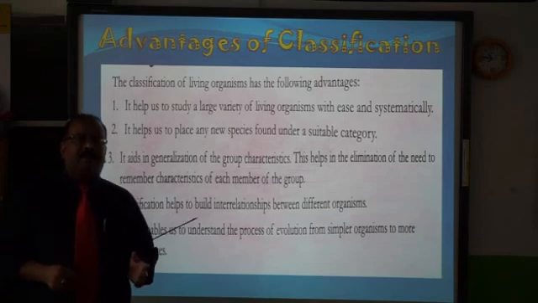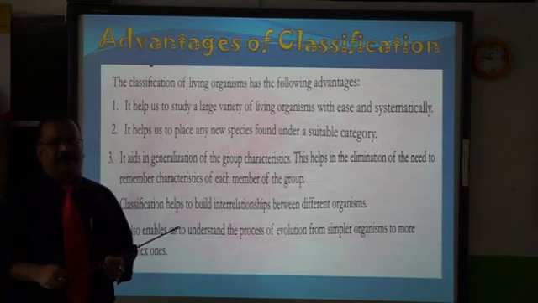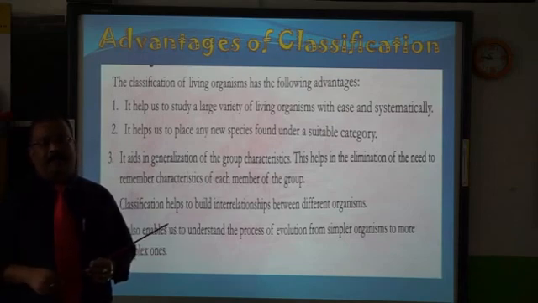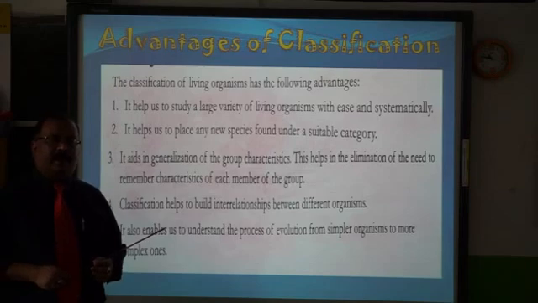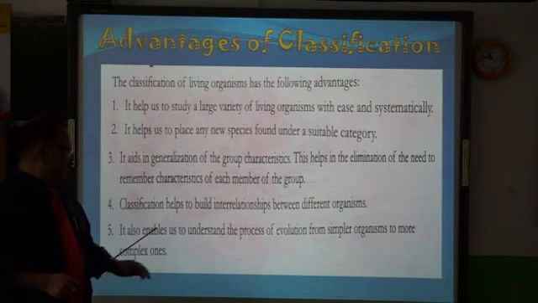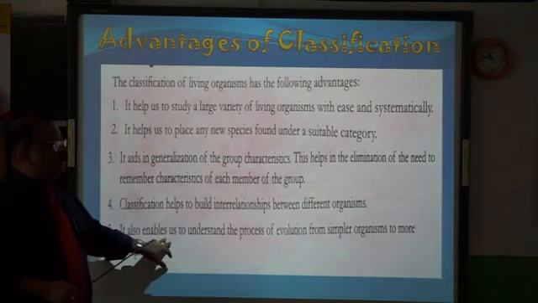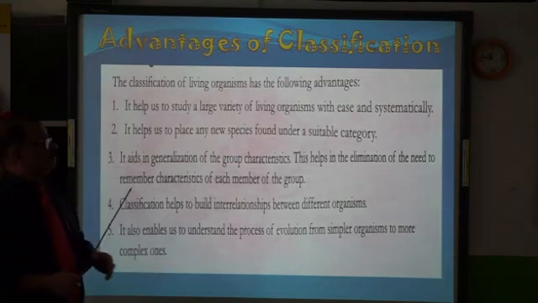Evolution, how all these organisms came into this world, from simpler to complex. In the beginning, simpler organisms were there, and very slowly they developed into complex organisms. So it teaches about the evolution of organisms also.